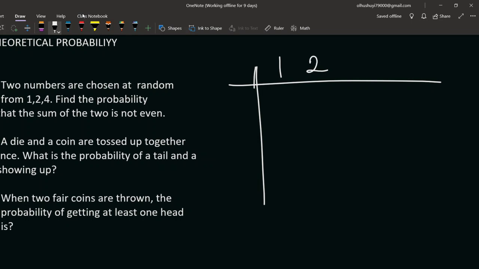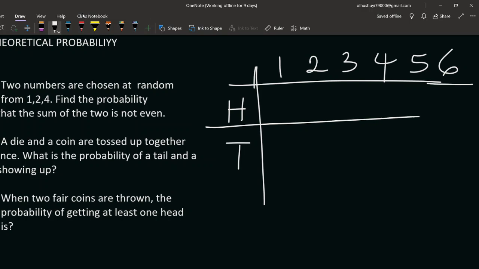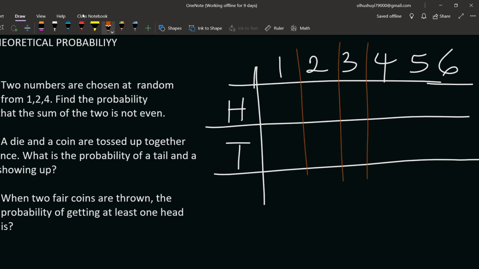1, 2, 3, 4, 5, 6 for the die. The two outcomes of a coin are just a head and a tail. So what do we have here?